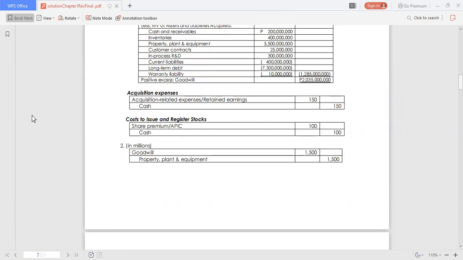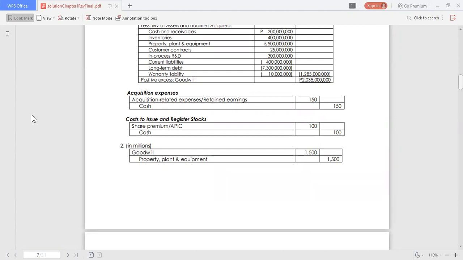Then the second entry: assume that during March 20x5, new information comes in regarding the value of Sandy's property, plant, and equipment at the date of acquisition. It's determined that the property was actually worth 1.5 million less than previously estimated.